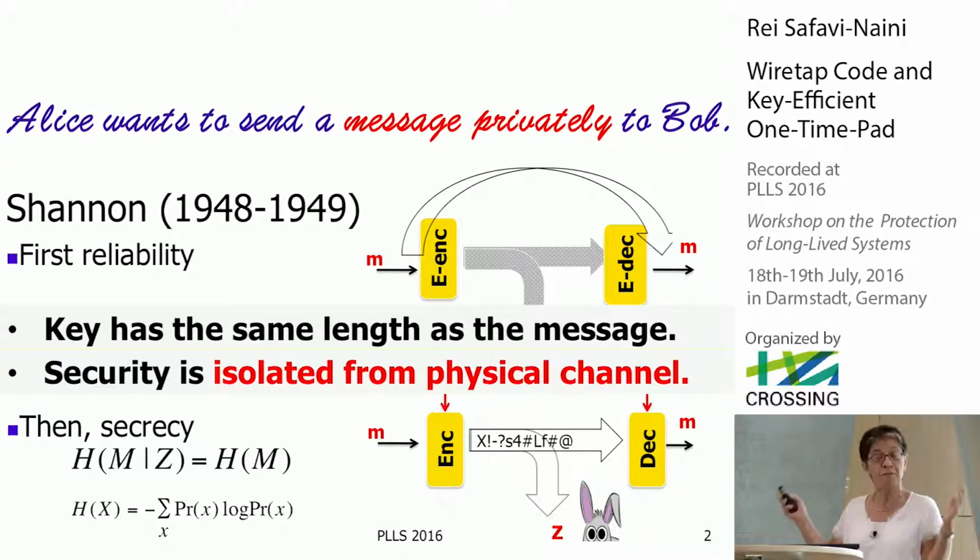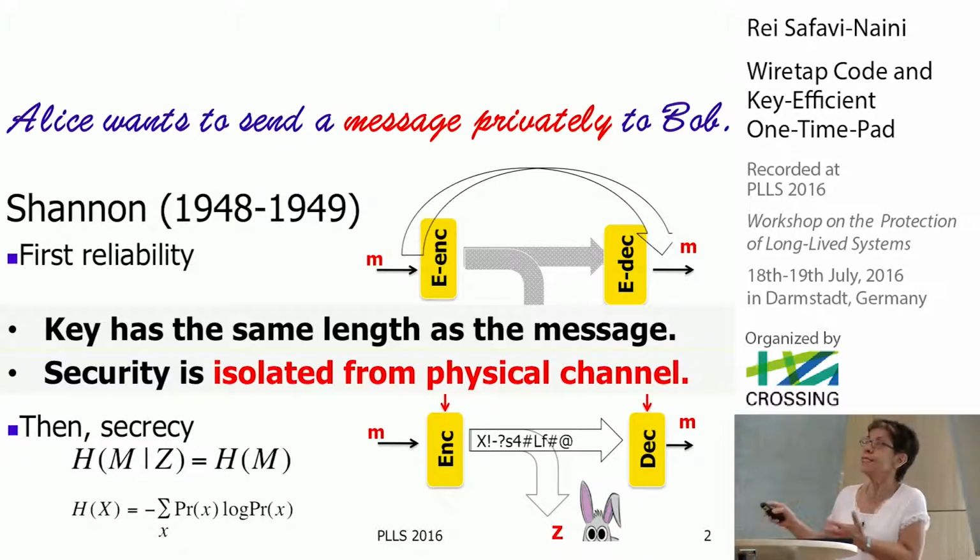We can have reliable communication, so let's forget about the physical channel. And that's the way cryptography has developed, mostly. In some sense it's nice, because we have solved the problem in two steps, reliability and security. But we're going to see it's not all nice. It also has drawbacks.